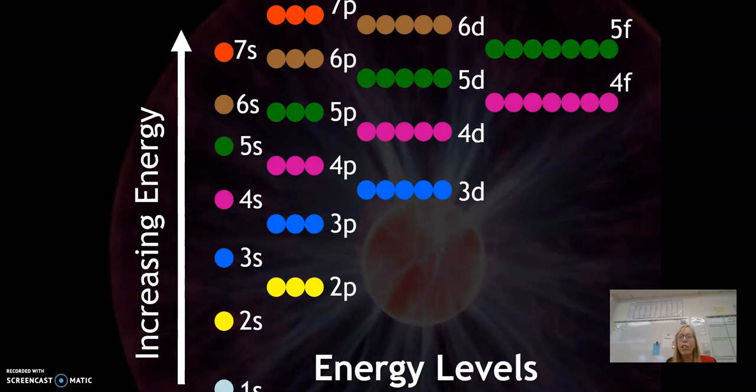So take a look, take a screenshot, or duplicate this in your notes because you notice our 1s will be filled first. So there's our 2 electrons that go there. Then our 2s, our s orbitals can have 2 electrons. Then we're going to go to 2p, and that will take 6 electrons. So let's put our 6 electrons in there.